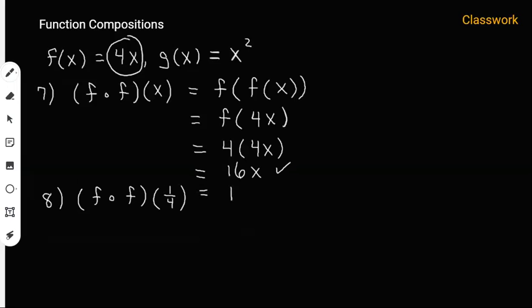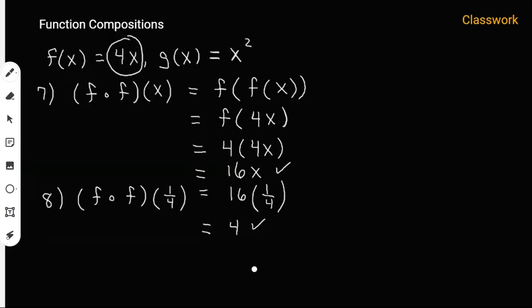So I'm going to keep the 16 the same, but replace x with a 1/4. What that means is I get 16 times 1/4, which is just going to be 4. And I'm done. So when you evaluate a function at a number, you're going to get a number in return.